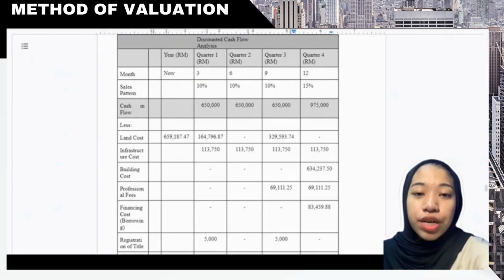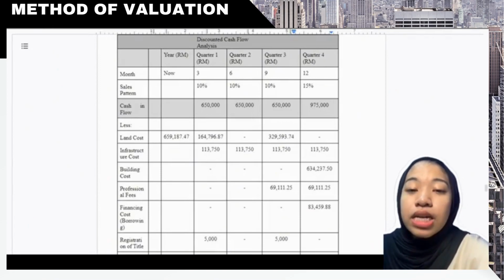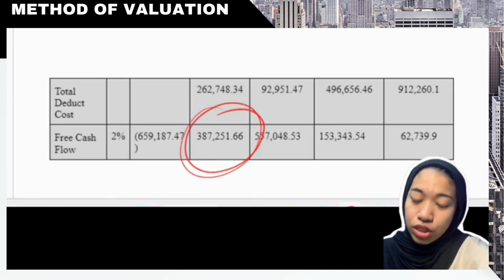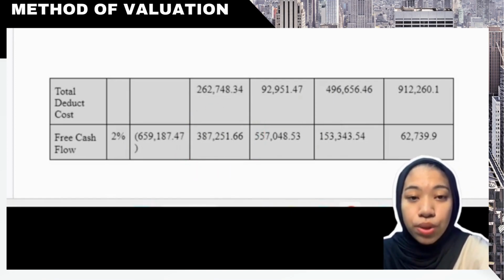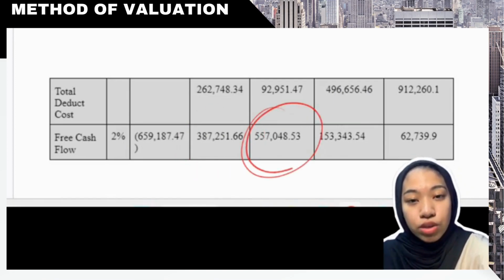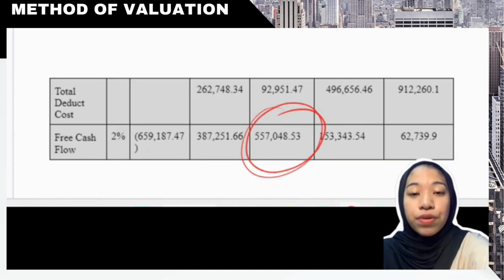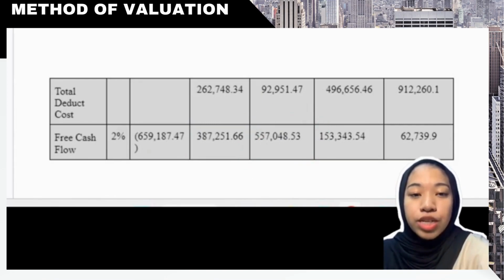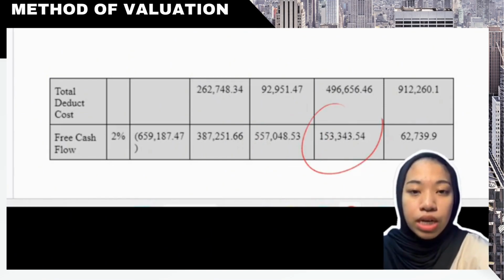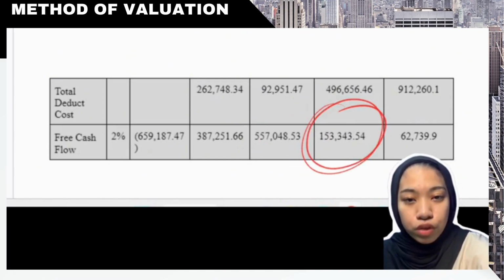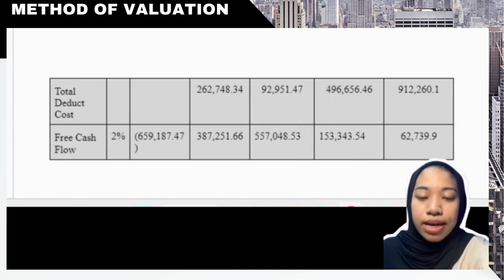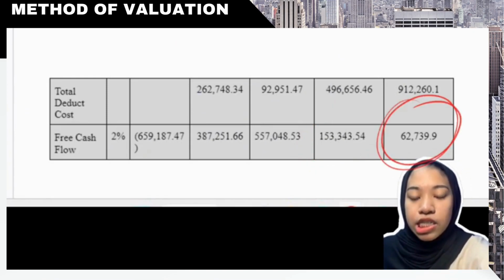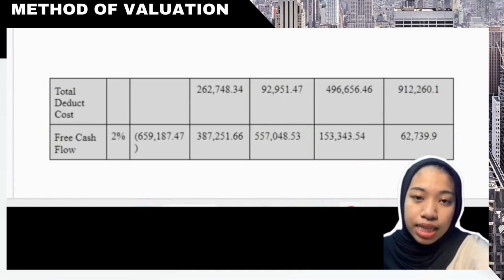For the first quarter of the year, the total free cash flow that we get is 387,251.66. For quarter 2, we get 557,048.53. Quarter 3 is 153,343.54. And for quarter 4, we get 62,739.9.